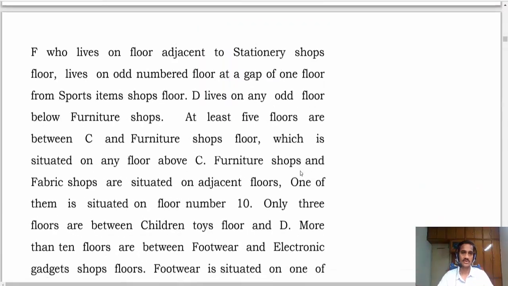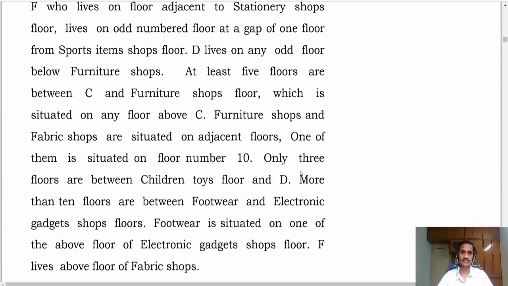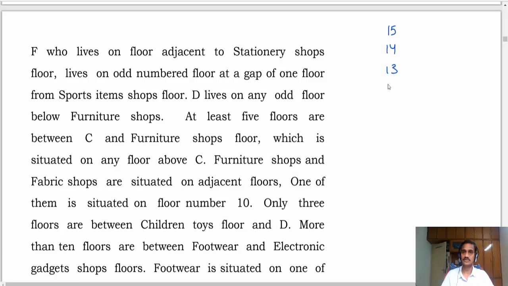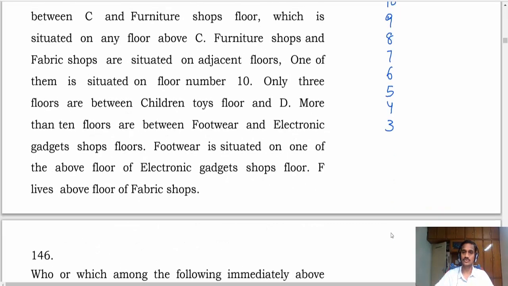And next one, all together there are 15. Now let us start from 15. The 15th floor, 14, 13, 12, 11, 10, 9, 8, 7, 6, 5, 4, 3, 2 and 1.